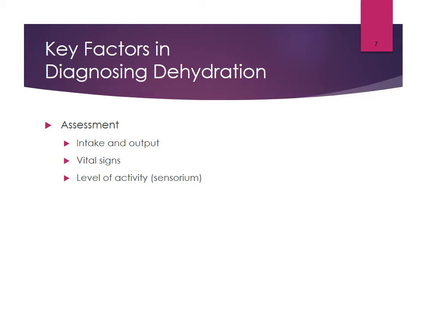For school-age children or adolescents, 0.5 to 1 milliliter per kilo per hour is the minimum urine output that they should have to maintain fluid volume requirements.